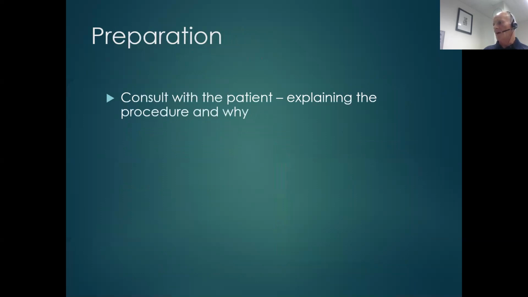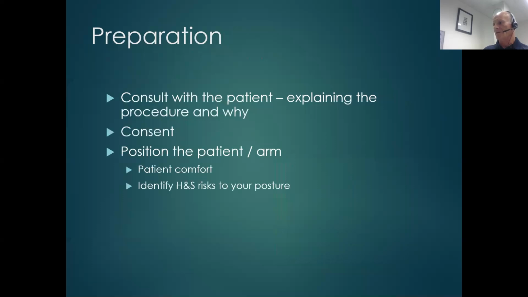Consult with the patient, explain the procedure and why. Get the patient's consent. Position the patient's arm and the patient for their comfort. Identify any health and safety risks to your posture, so you want to be in a good position to be able to do this.